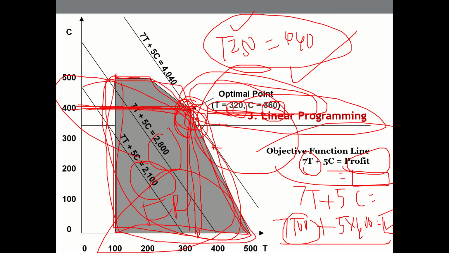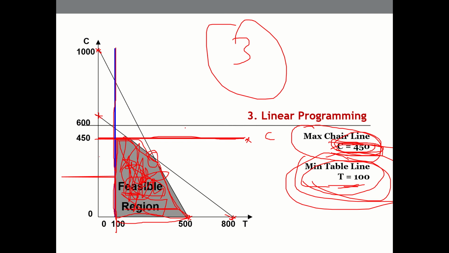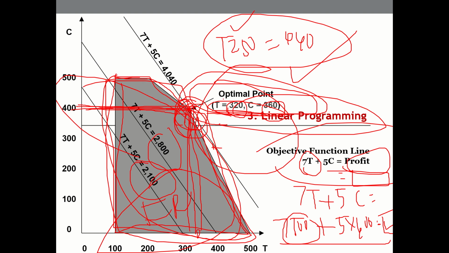Here it is a simple case. We have certain constraints: don't make more than this, make a minimum of 100 tables, something like this. So based on the decision maker's priority, optimal solutions are arrived at.